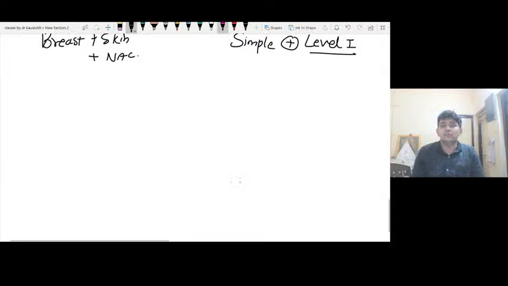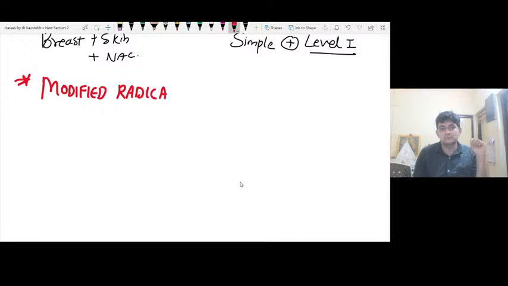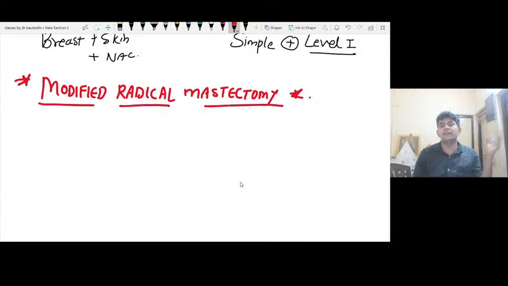Coming to the area of most interest and the most practiced type of mastectomy, that is modified radical mastectomy. Now what is modified radical mastectomy? Modified radical mastectomy is a modification of radical mastectomy for sure. But what are the structures that we remove?